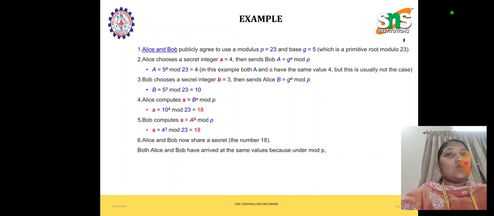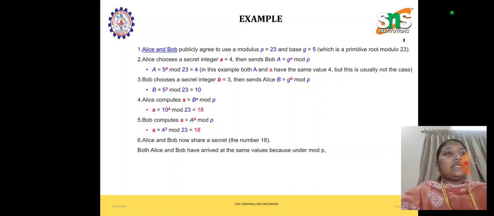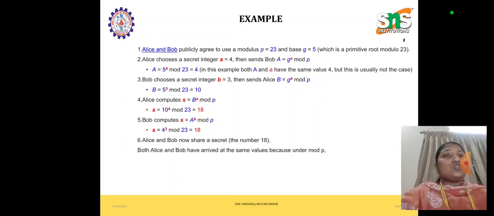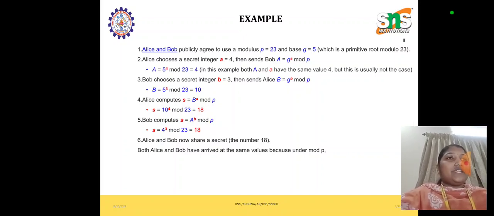Bob will calculate the shared secret key with the help of the public key of Alice, which is capital A power B mod P. So A is the public key of Alice and B is the private key of Bob. Because of the mathematical properties of modular exponentiation, both calculations will yield the same secret key S. So this shared secret key S can now be used for symmetric encryption in future communication.